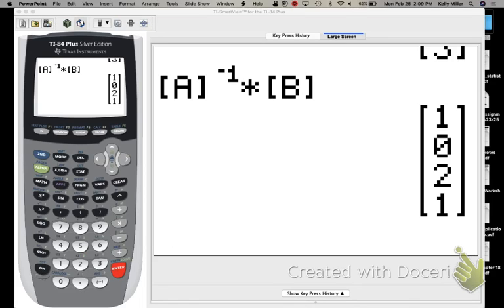So 29 is your 3 by 3 matrix. There you go. 3 problems that you need to complete on your own.